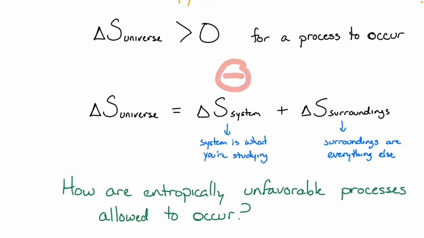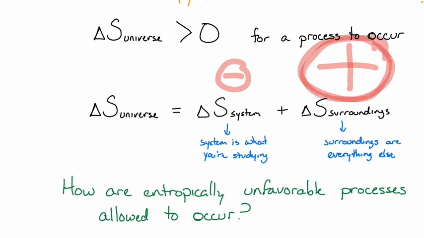How is this number allowed to be negative? Well, we got this second part over here. As long as this is a larger positive number, then that process would still be allowed. We saw this entropically unfavorable reaction happen in front of our eyes. So how is that possible? Well, we must have had a large contribution to our delta S of our surroundings here.